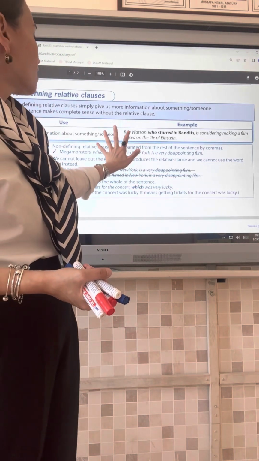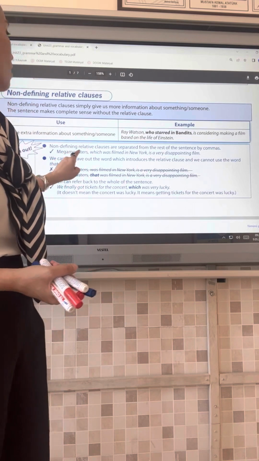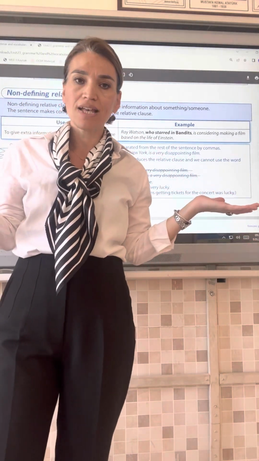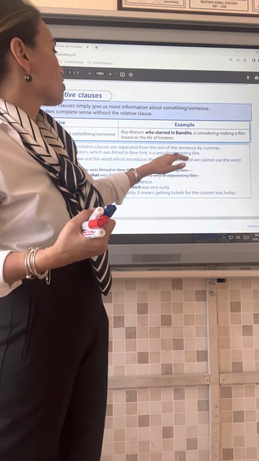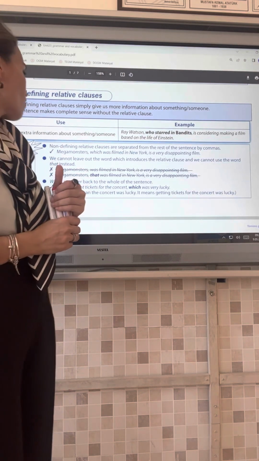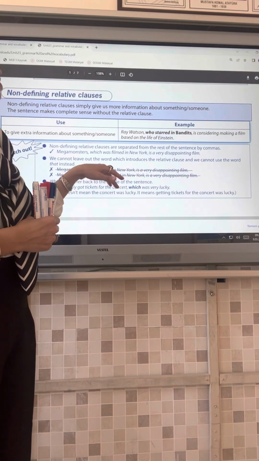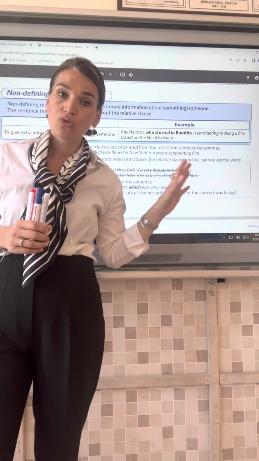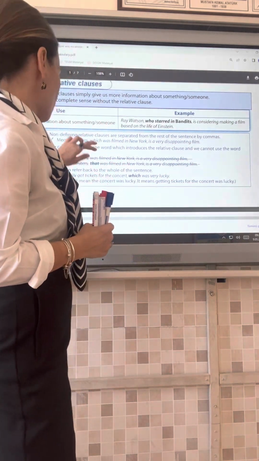See, when you take out the relative clause part, Mega Monsters is a very disappointing film. It still makes sense. Alright, we cannot leave out the word which introduces the relative clause, and we cannot use the word that instead. Okay, "Mega Monsters was filmed in New York." No. We should definitely use "which was filmed." Alright.